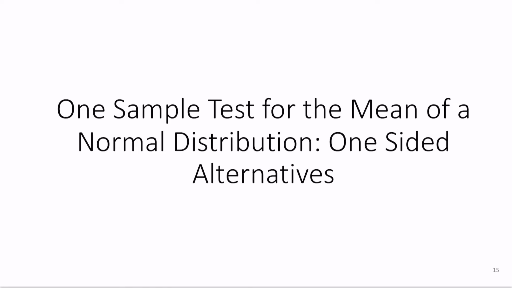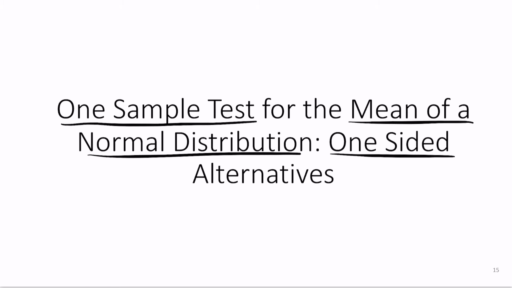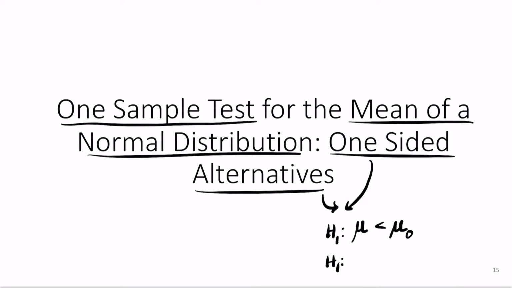So let's start our first hypothesis test, which is the one sample test for the mean of a normal distribution, and this time we are using one-sided alternatives. Whenever you see this term one-sided alternatives, the alternative hypothesis is either that the mean is less than the actual mean or that the mean is greater than the actual mean.